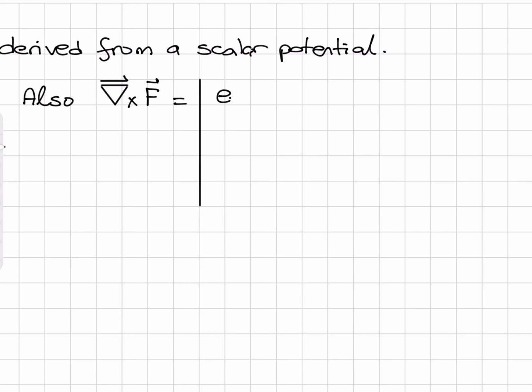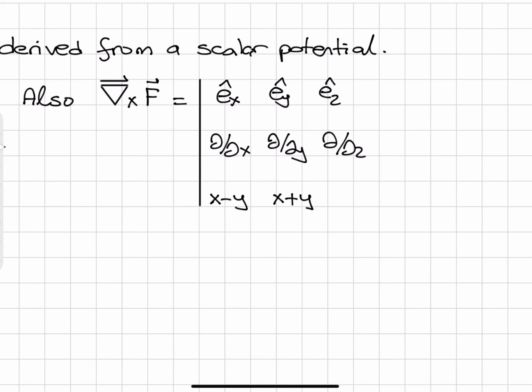We have ex hat, ey hat, ez hat, del x, del y, del z. X component is x minus y, y component is x plus y, z component is 0.